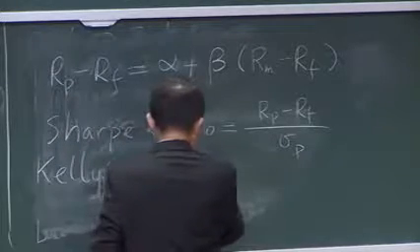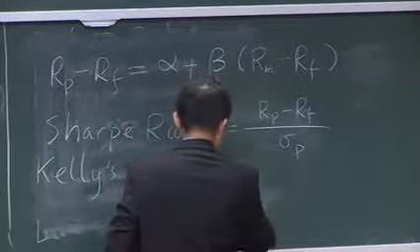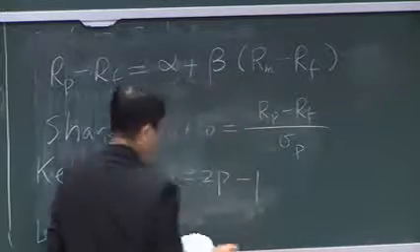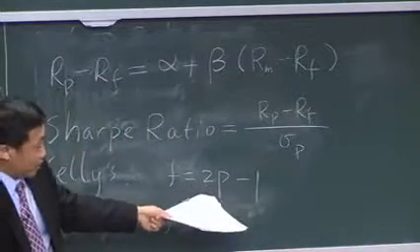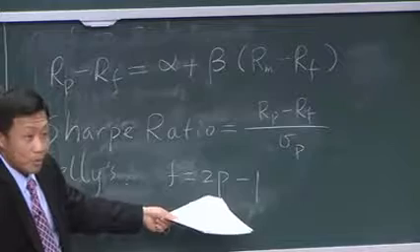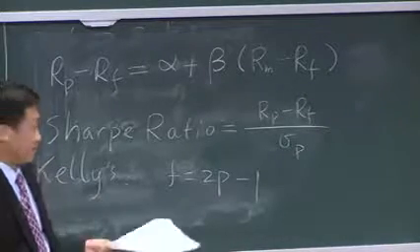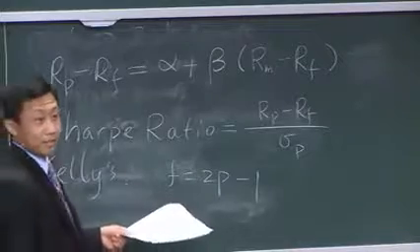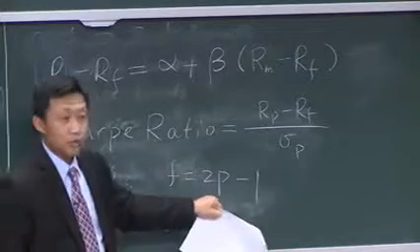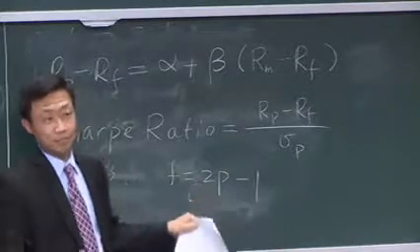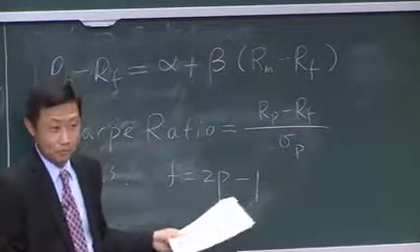So it's a very simple formula. So if you have a winning probability of 50-50, how much do you bet? Nothing. So if you have P equal to 100%, you bet 100% of your position.